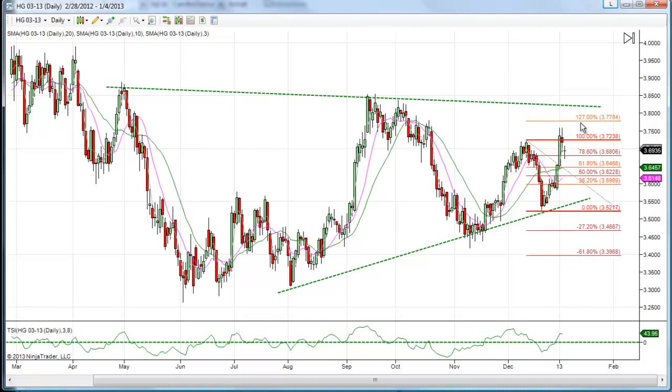We try to take out that high. I'm looking at the 127 extension and possibly the 1618, which is up here at these recent highs, or previous highs at 385. Okay. Note TSI is in a bullish mode, so that looks good too.